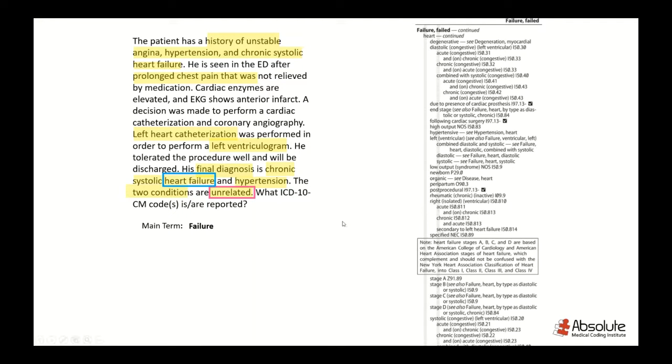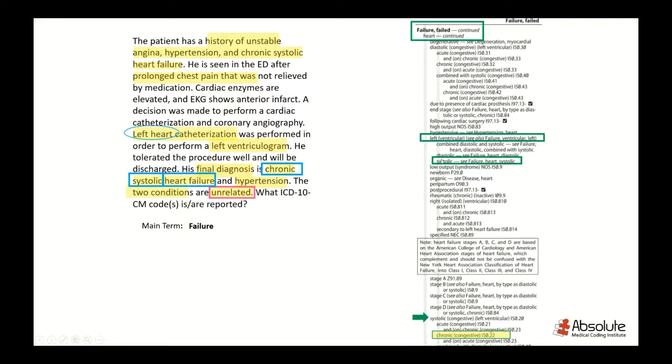That failure will lead us to the rest of our keywords. So we have failure, go down to where it says left ventricular, right? And then down to systolic, because that is given there too.